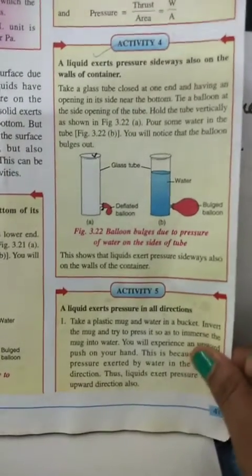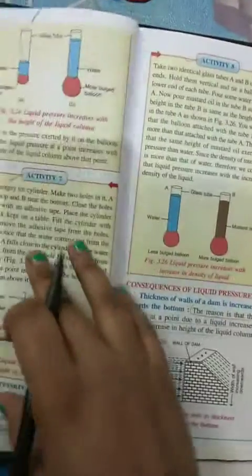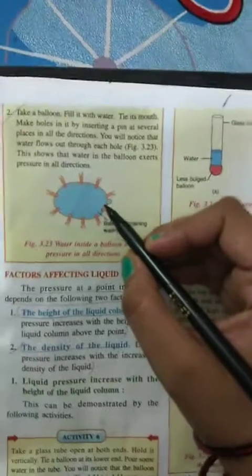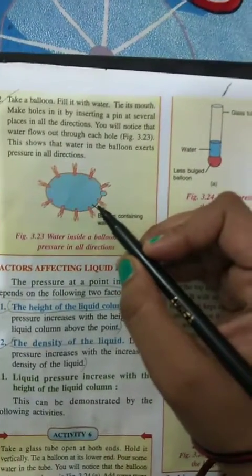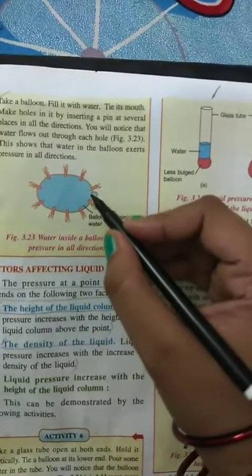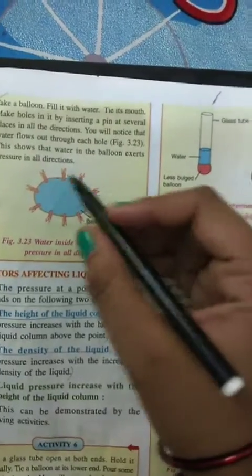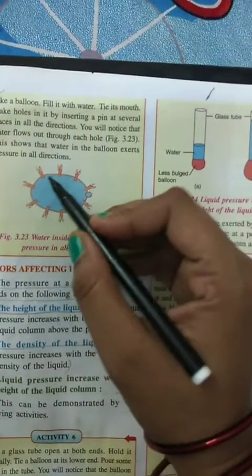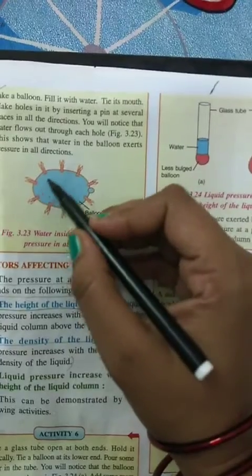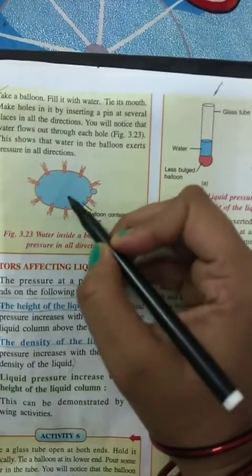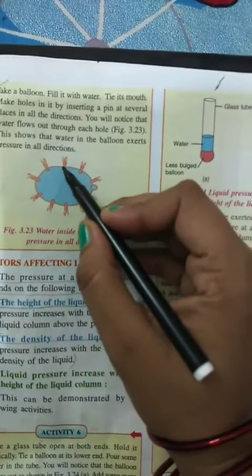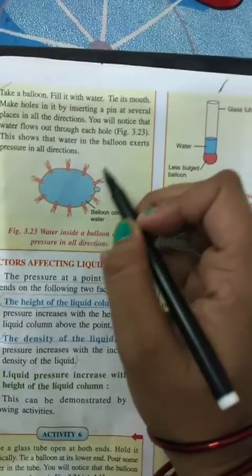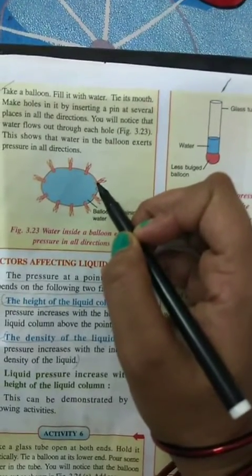Our next activity says that if you take a balloon, fill it with water and close it from the top, and then pin the balloon or make holes in every side, you will see that water starts sprouting out from all the holes you have made.